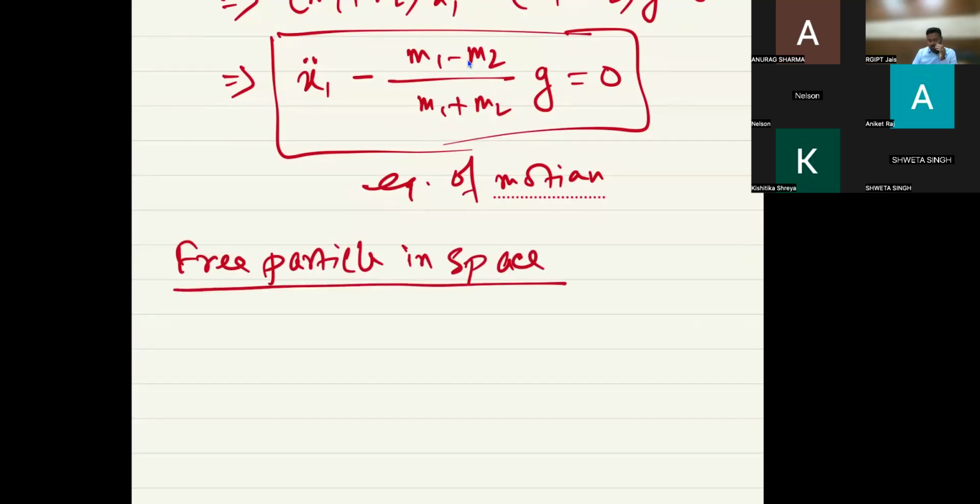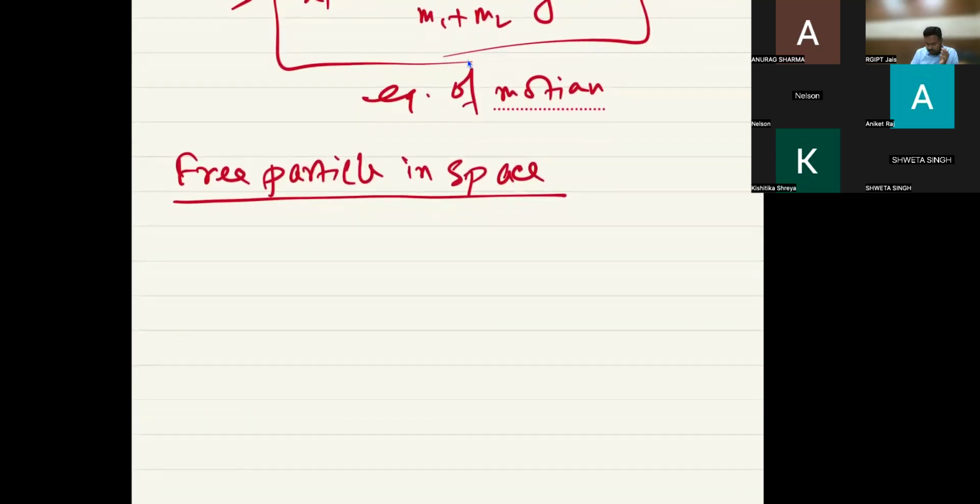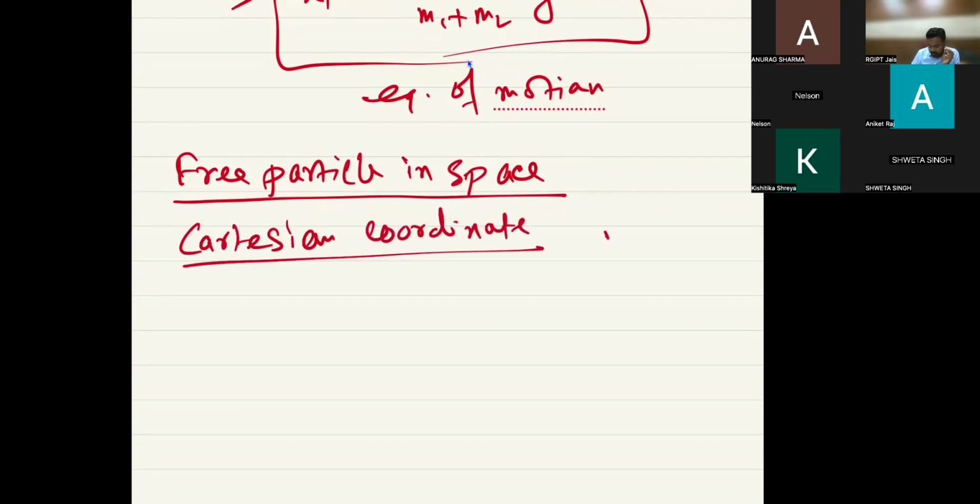So how will you set up the Lagrangian in this case? Let's say you have a Cartesian coordinate system X, Y, Z, and you have some particle somewhere of mass m.